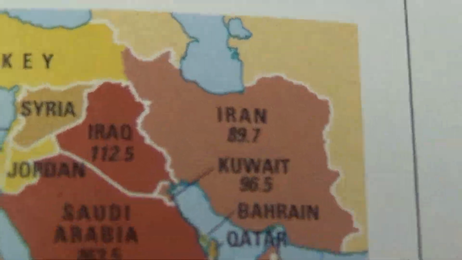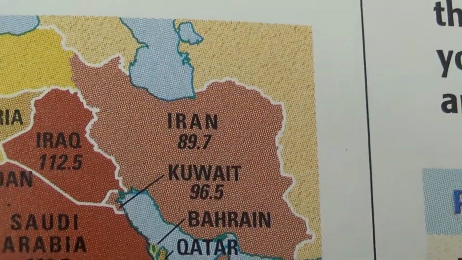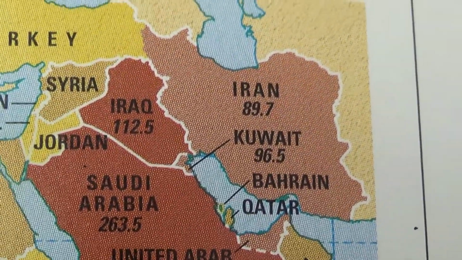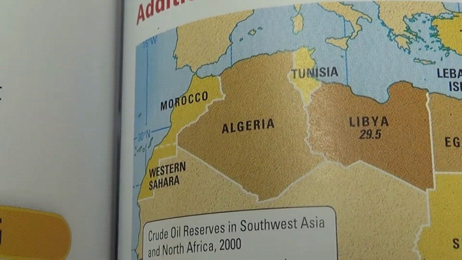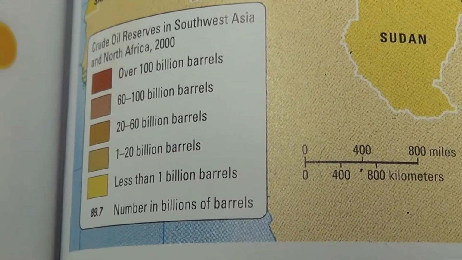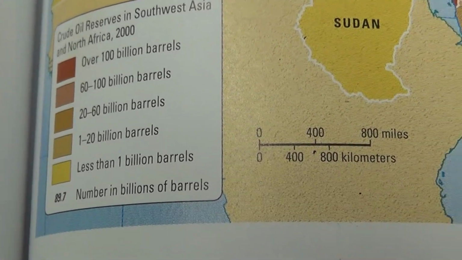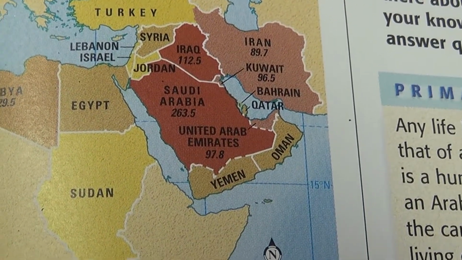Kuwait, though it's a light pink kind of color, says it's 96.5, which is less than the 98 billion barrels. Morocco is yellow. According to that legend, that's less than 1 billion barrels, so that's not going to work. And the UAE, or the United Arab Emirates, is pretty little.